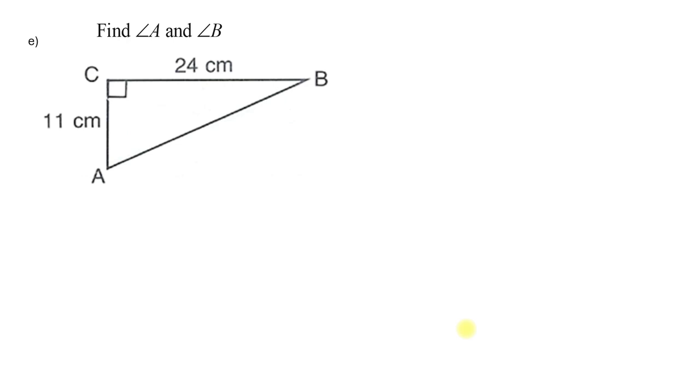Question E, it says find the angle A and angle B. If we select angle A to be our theta, then we are given the adjacent and the opposite. The trig ratio that deals with opposites and adjacents is the tangent. So we can state that the tangent of angle A equals 24 over 11.